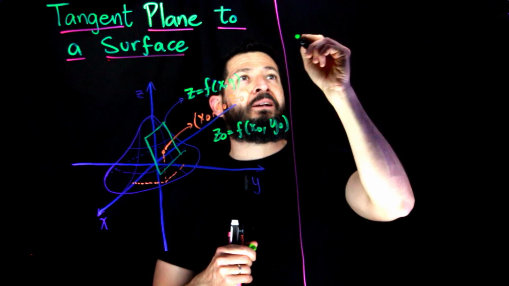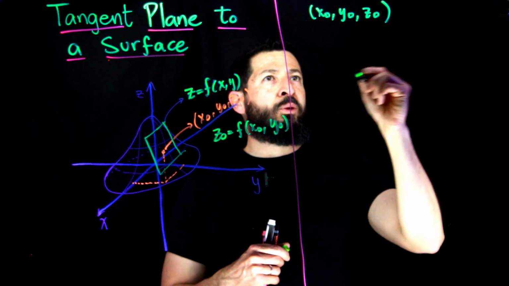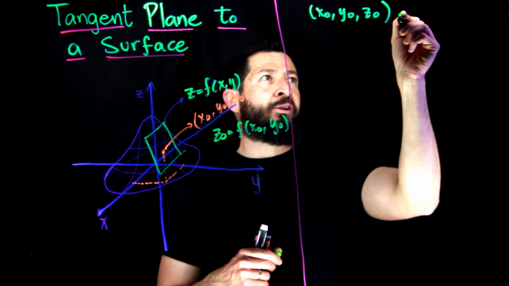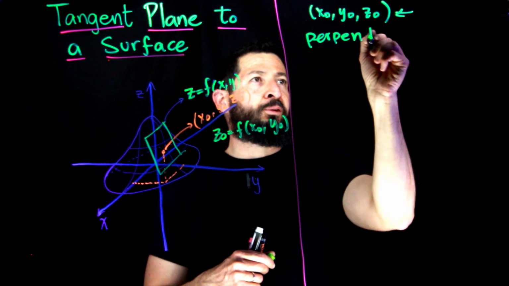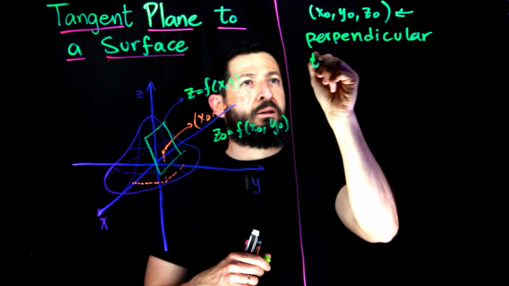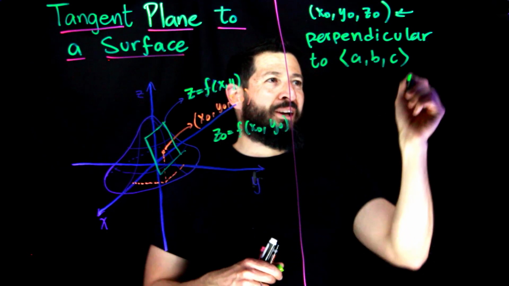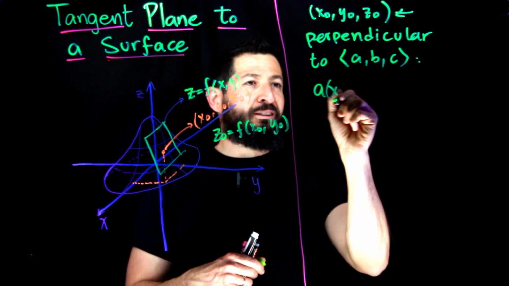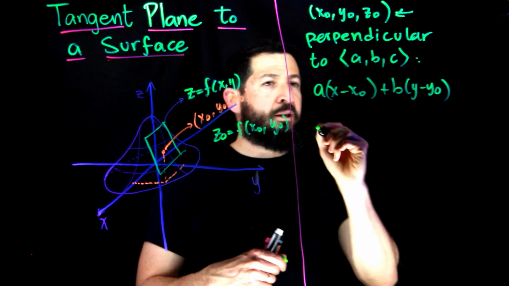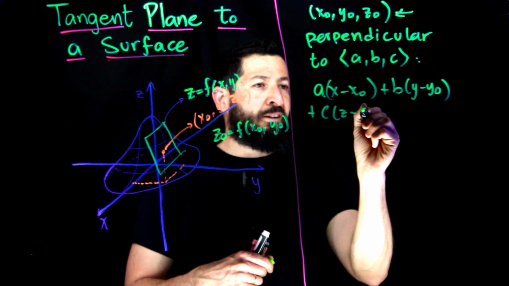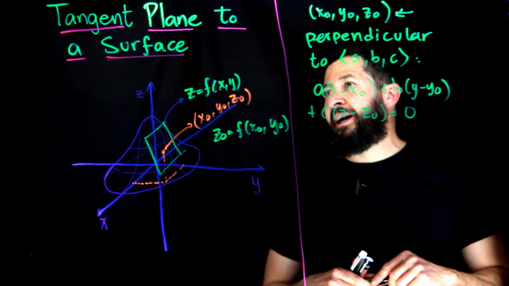Well, the equation of a plane that goes through the point x naught, y naught, z naught and is perpendicular to the vector a, b, c is a times x minus x naught plus b times y minus y naught plus c times z minus z naught equals 0. So that is the equation of that plane.